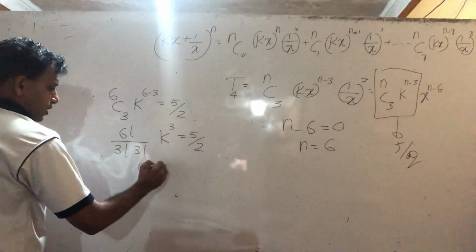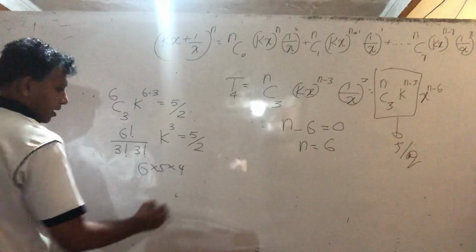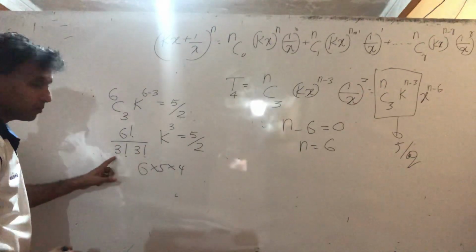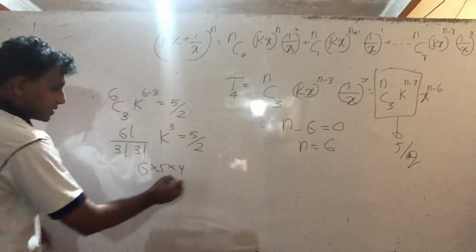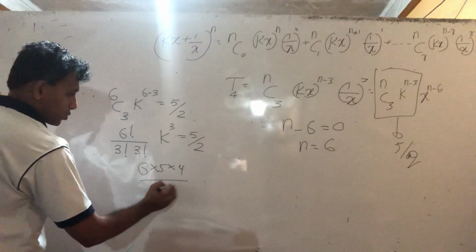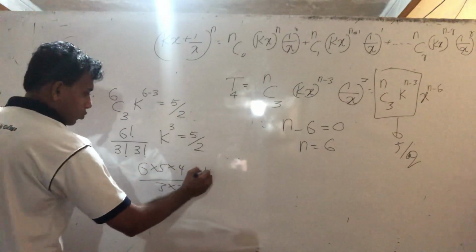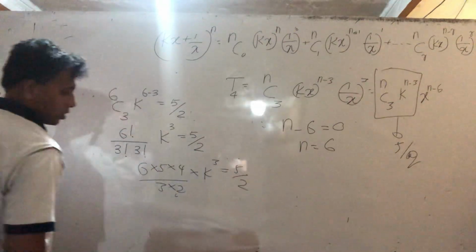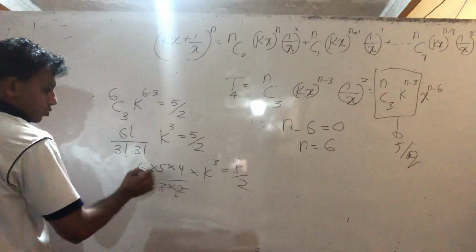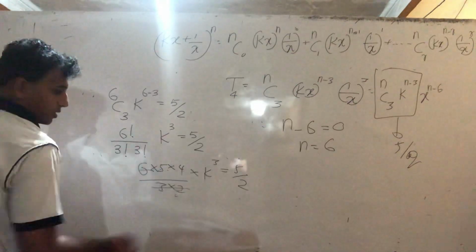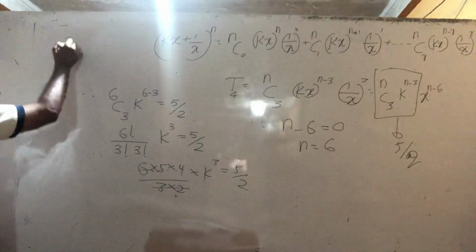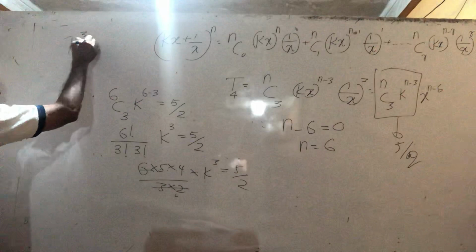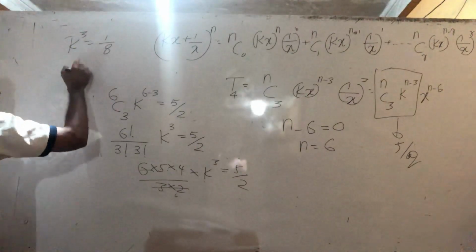I hope you know this simplification. Below, 1 3 cancel, remaining is 6 over 3 into 2 into 1, times k cube equal 5 over 2. So here 20, k cube is 1/8. So no doubt k is half.